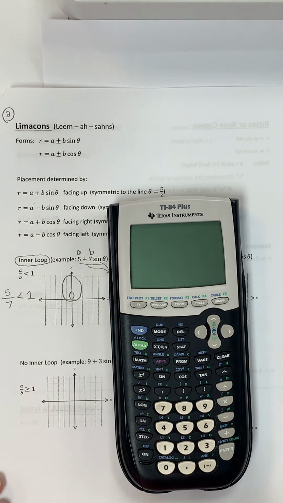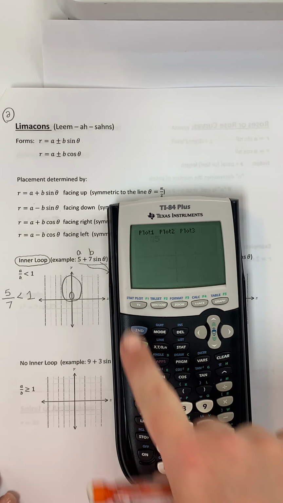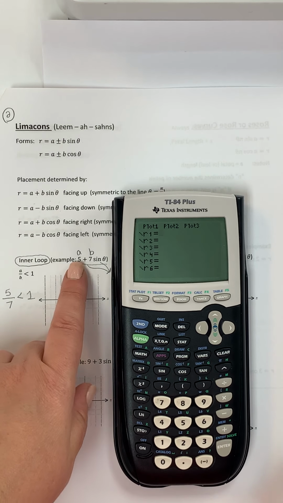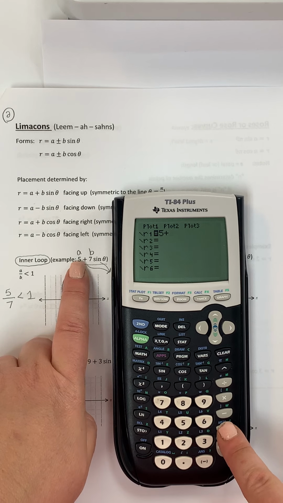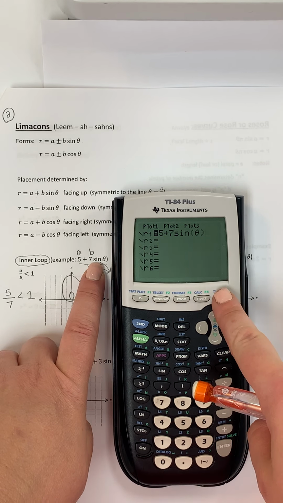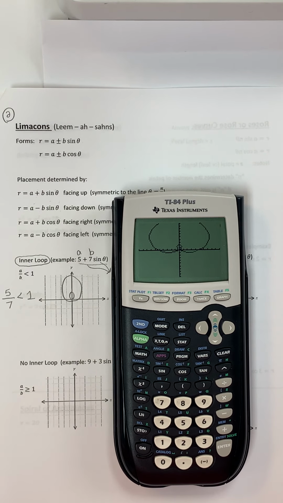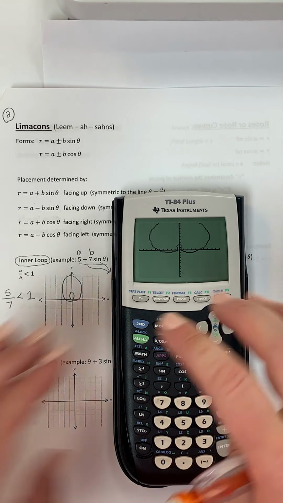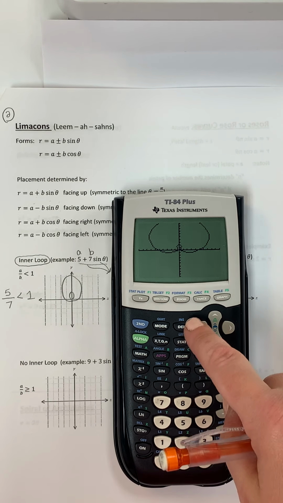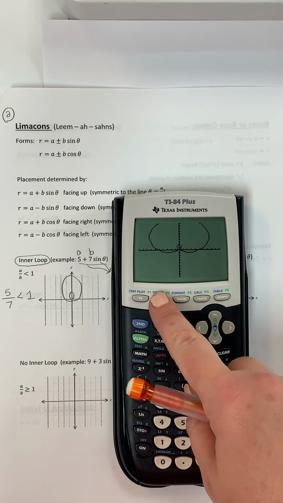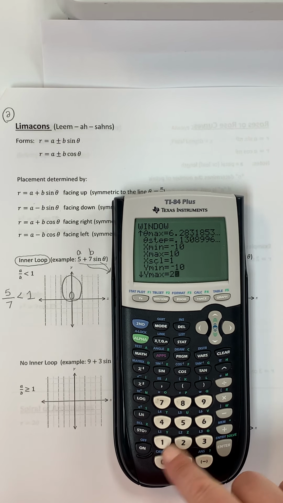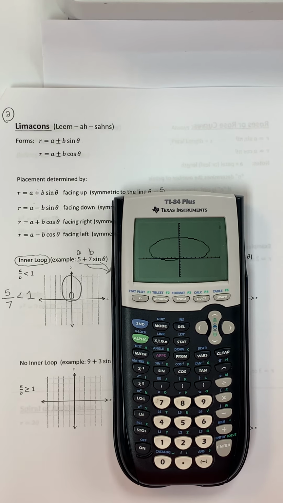Let's try that in our calculator. That's kind of fun. All right, we're going to clear out the r. We're going to put in 5 plus 7 sine theta, and we're going to graph. All right, now this one got very wide, didn't it? It's kind of crazy looking, and you would have to zoom out a little bit, or at least increase your y max up a little bit more to see the whole thing.